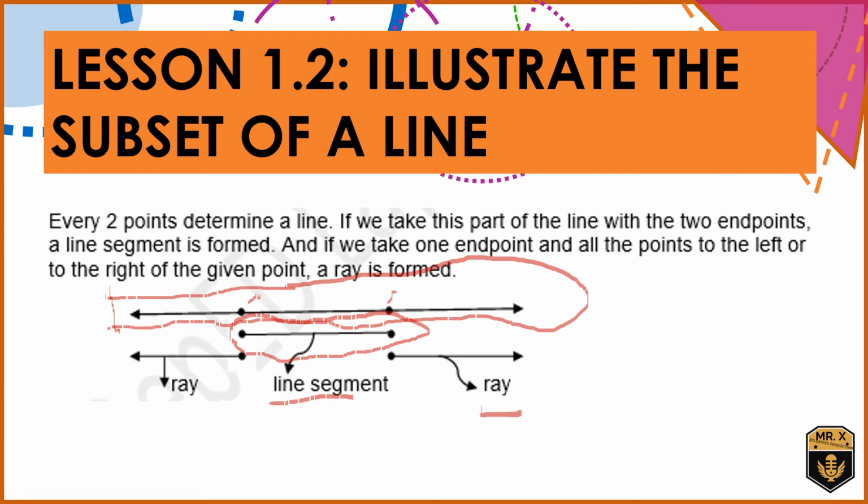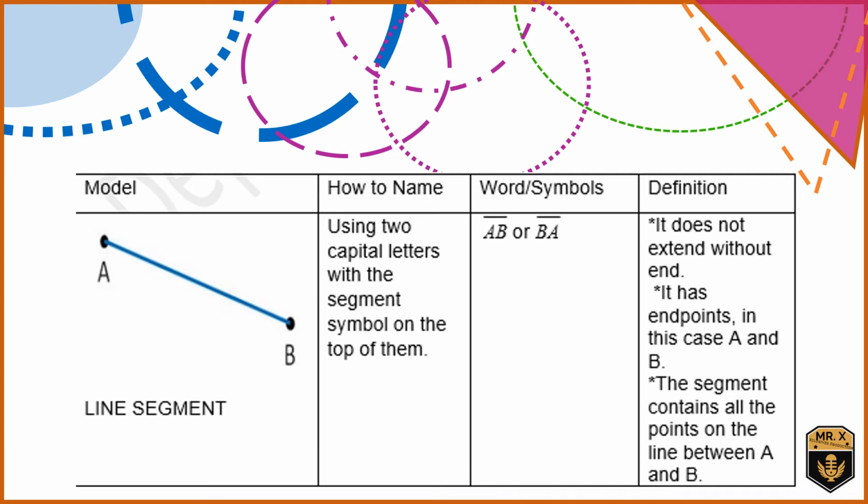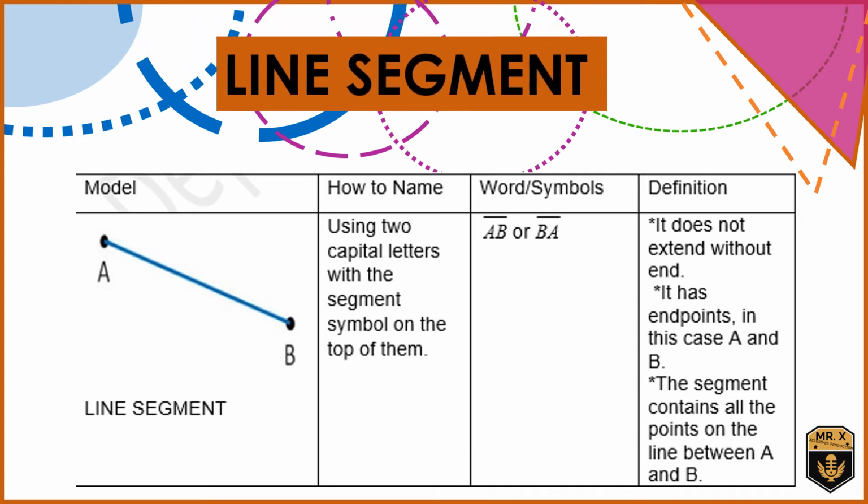What is a line segment? A line segment has two endpoints. What makes it different from a line is that a line has two arrowheads, but a line segment has no arrowhead at all. So, how do we name it using two capital letters, the same as a line? In naming a line segment, we will use two capital letters or 2 points.